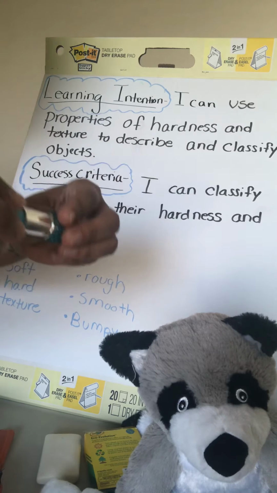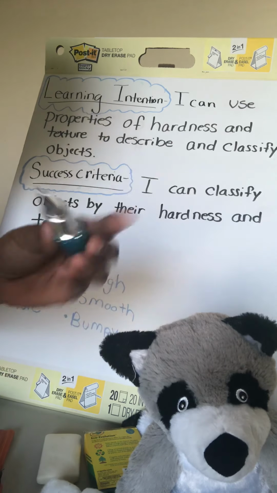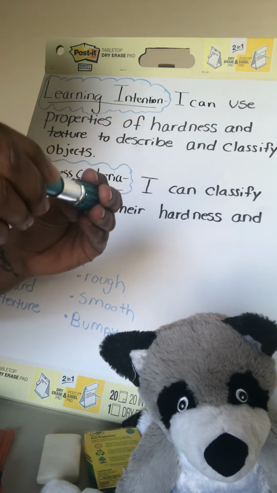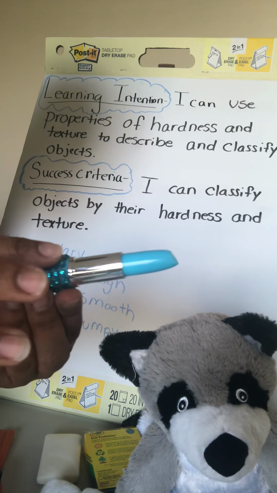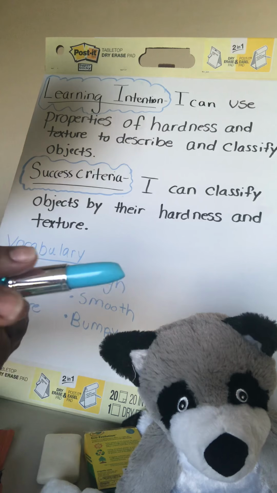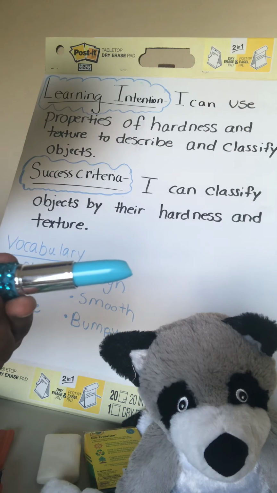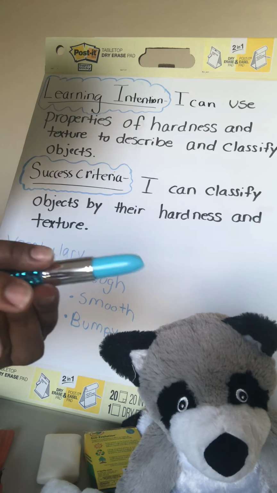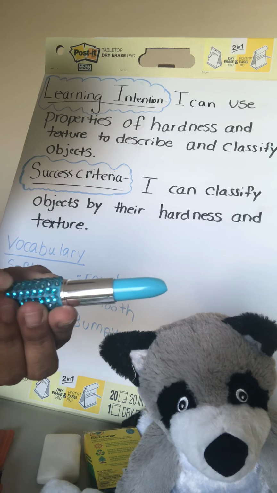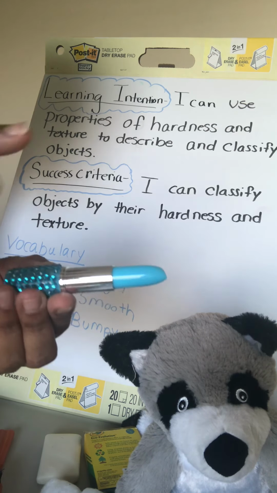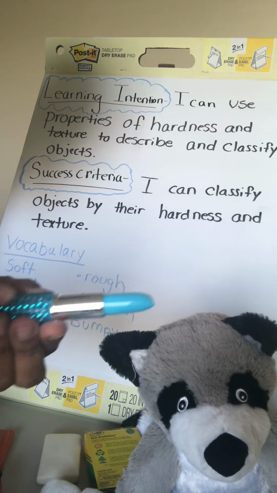I have a pen that looks like a lipstick. I'm going to feel these diamonds. Do you think it's soft, hard, rough, smooth, or bumpy? I am feeling the texture. Correct. It is rough.